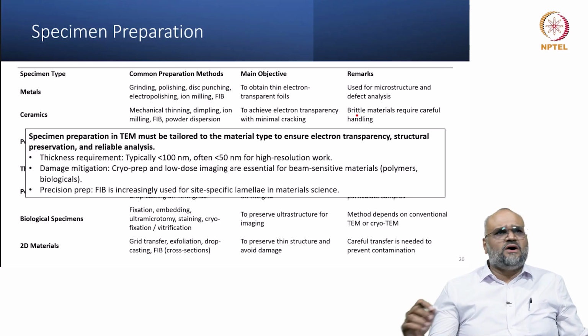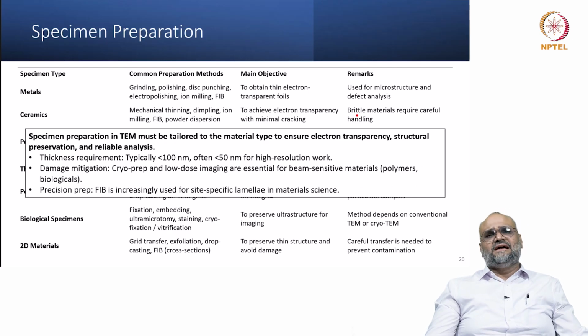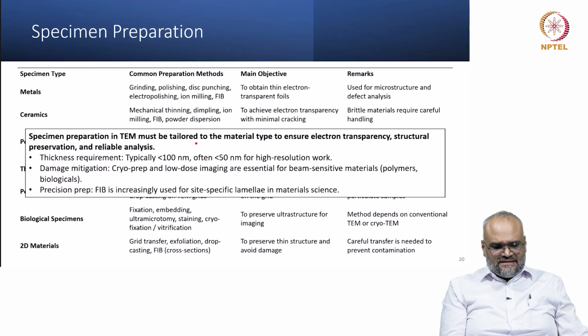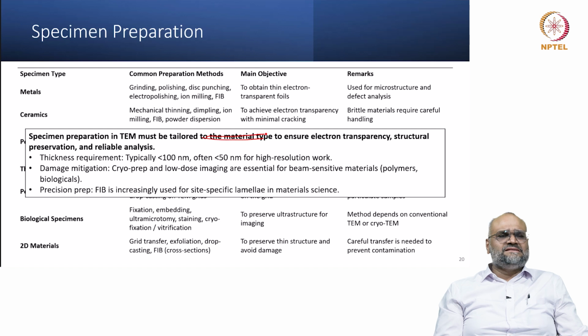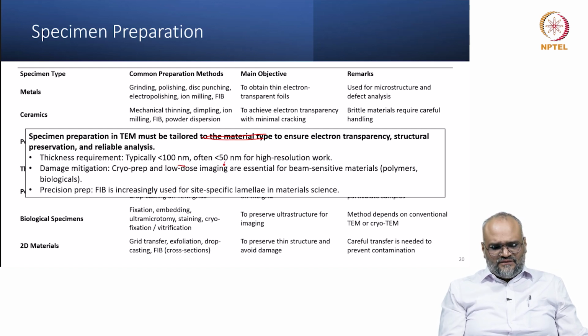So the most important objective of specimen preparation in TEM is to tailor the material type to ensure electron transparency and also preserve the structure for reliable analysis. In fact, it should be: tailor the methodology to prepare the specimen to ensure electron transparency. The thickness requirement is typically less than 100 nanometers and often less than 50 nanometers for high resolution work.